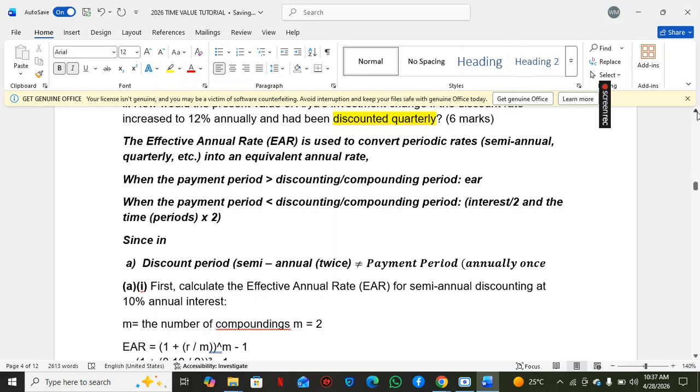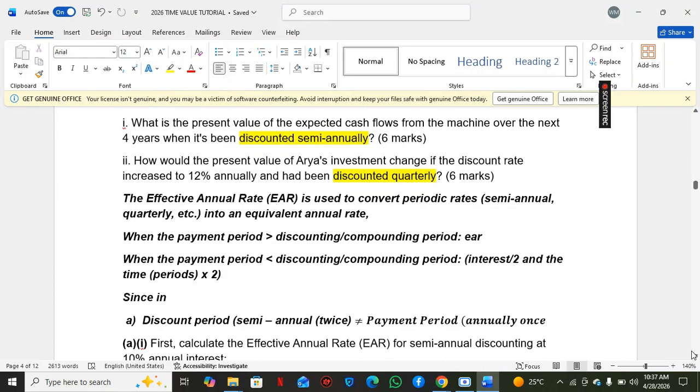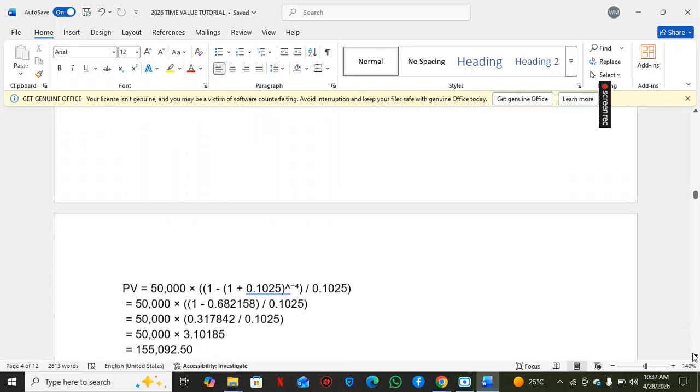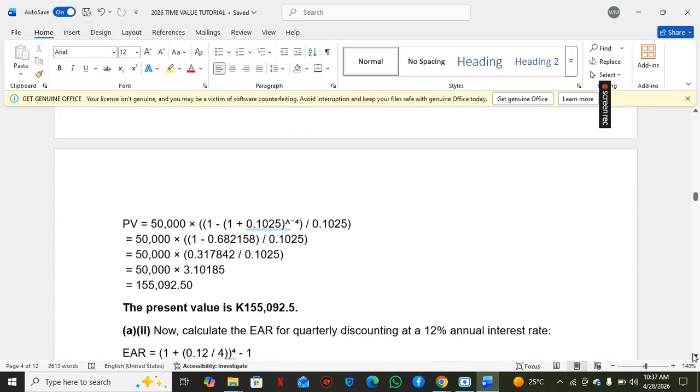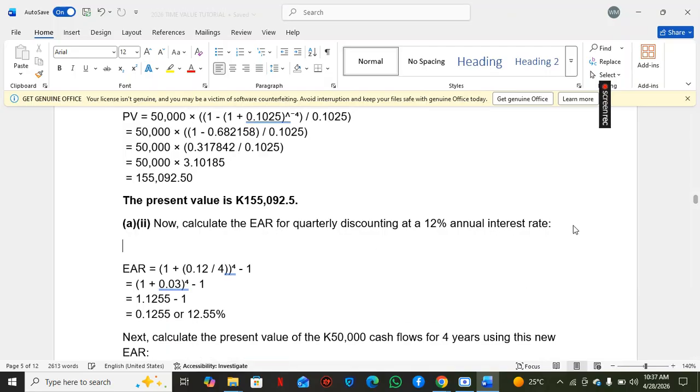Then part B is saying, how would the present value of Aria's investment change if the discount rate increased to 12% annually and had been discounted quarterly? So here, since the discounting is now quarterly, again we're going to use the effective annual interest rate to make the discounting yearly. So when it's compounded quarterly, m equals 4.